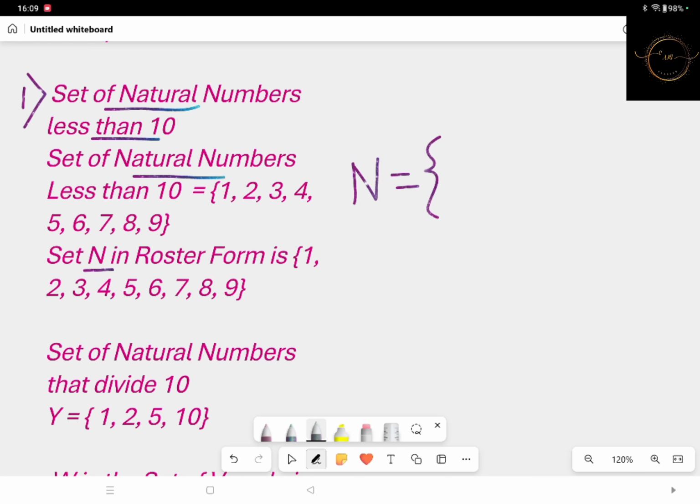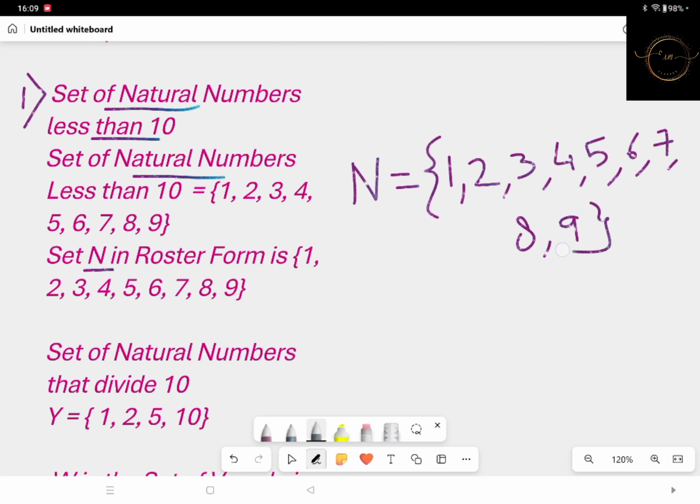Only the elements will be there, separated by commas. So it will be 1, 2, 3, 4, 5, 6, 7, 8 and 9. This is the roster form.